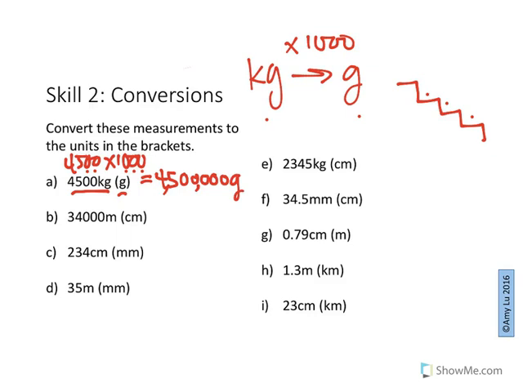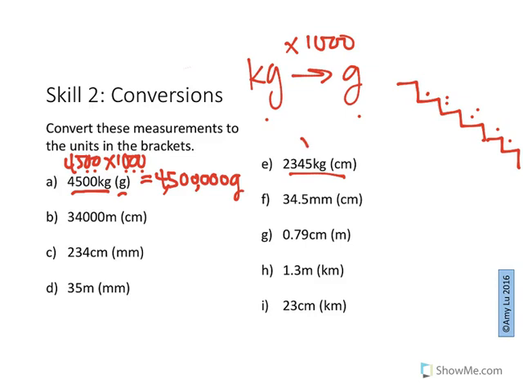I'll do E as an example. I'm converting 2,345 kilometers into centimeters. In this case, I have to go down to centimeters, right? So again, I already know there's 1,000 in meters, and then I have to go 2 more. So that's 1, 2, 3, 4, 5.